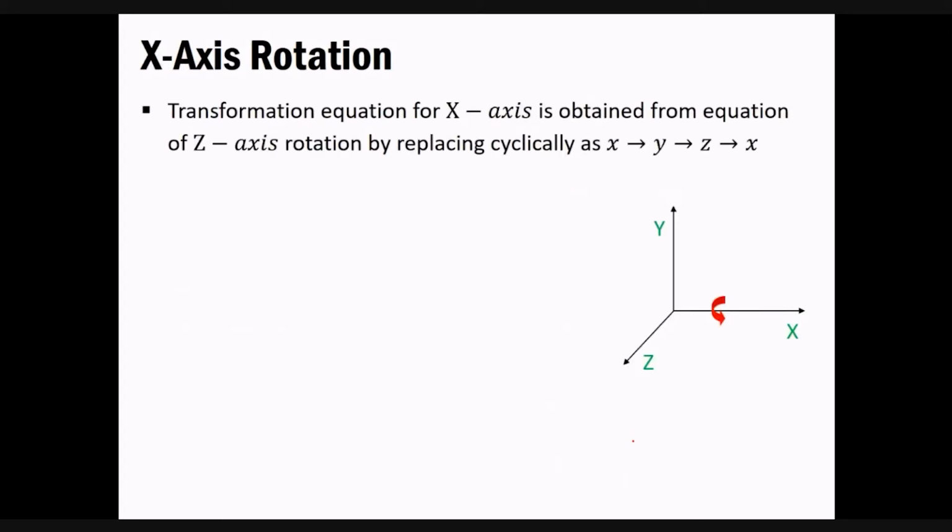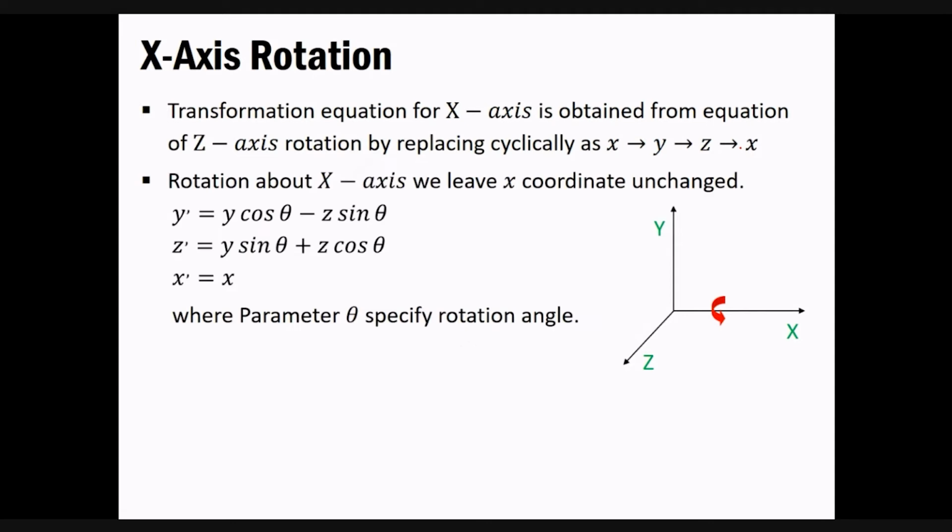Now x-axis rotation. The transformation equation for the x-axis is obtained from the equation of z-axis rotation by replacing cyclically x, y, z, and again x. So how will it be represented? Rotation about the x-axis will leave the x coordinate unchanged, and whatever we have to perform is on the y and z coordinates.